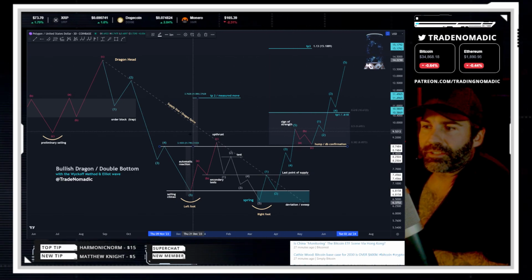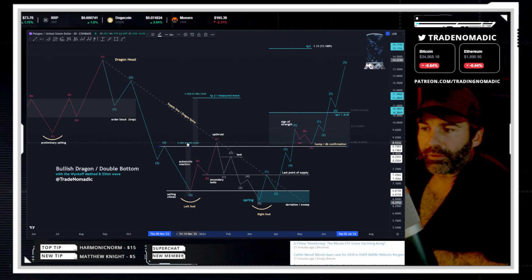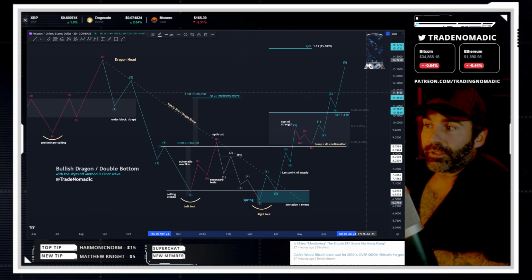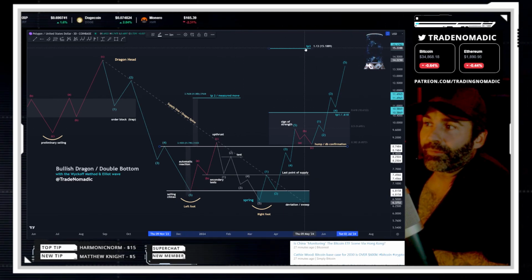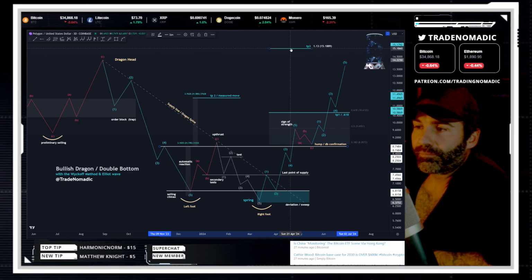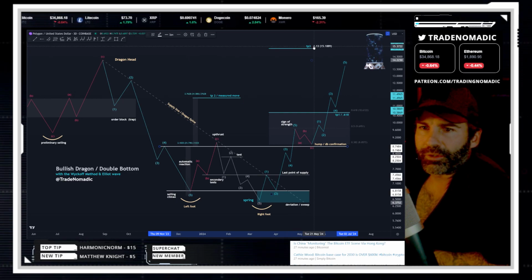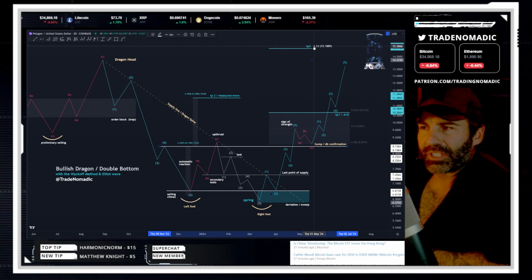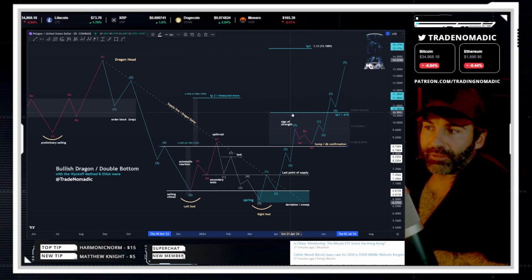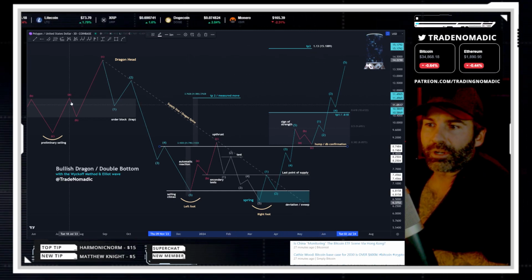That would be the same thing. You target the 100% measured move of the range or your double bottom. You target the 618. You could target the 113. And the 113, with a dragon, there's certain circumstances where it's more likely. Again, a lot of it revolves around where's the supply.